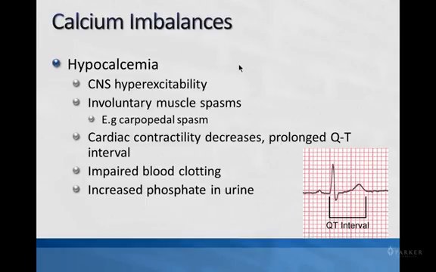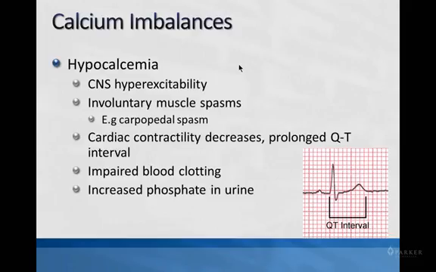So some people start to think that, well, if blood calcium levels are too low, you would have skeletal muscle weakness. But remember, the calcium needed for skeletal muscle is already inside the cell. Where it becomes a problem is that changes in the extracellular concentration of calcium affect the nervous system, which also affects the excitability within the muscles themselves.